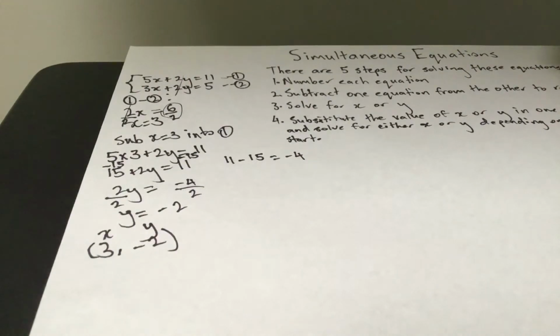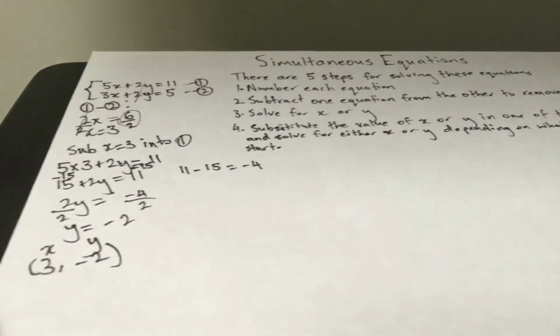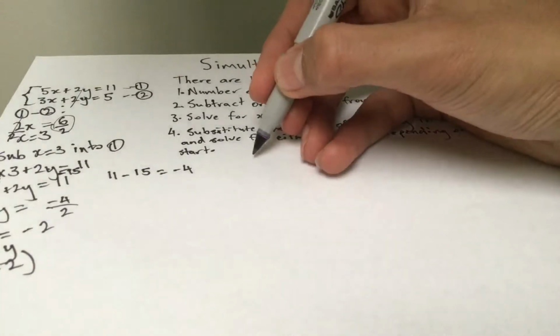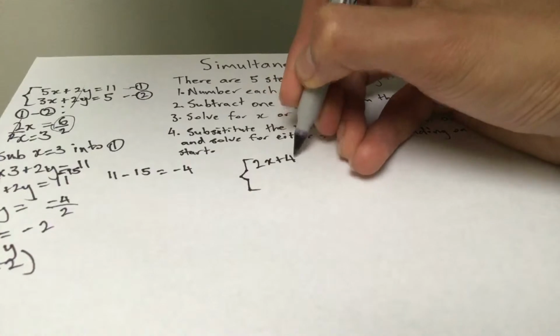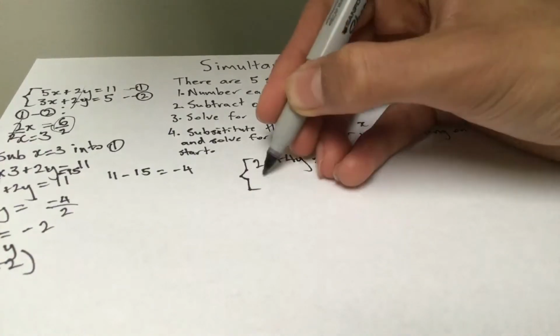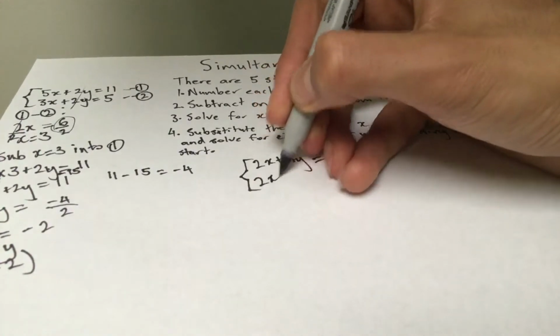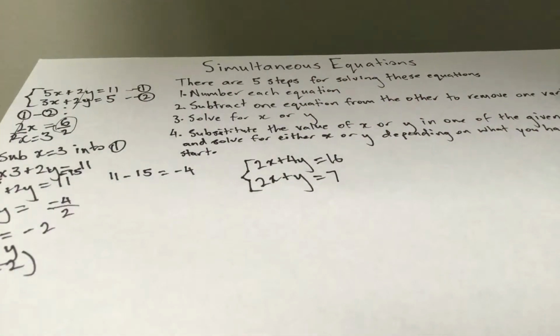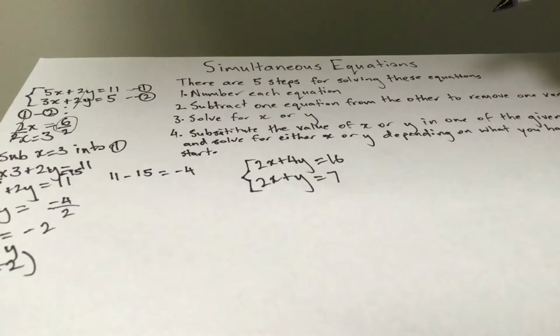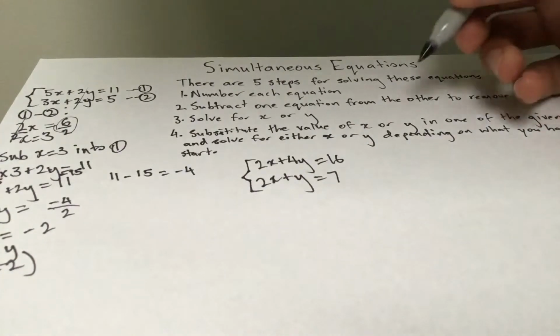Okay, now let's move on to another equation. Let's move on to 2x plus 4y equals 16, and 2x plus y equals 7. So now we have to follow our 5 steps. The first step is to number each equation.